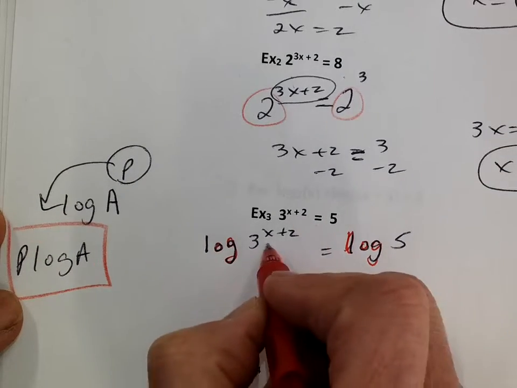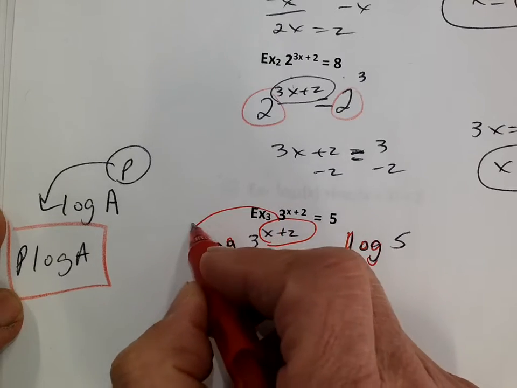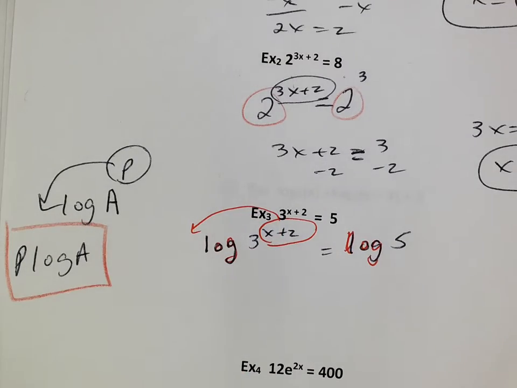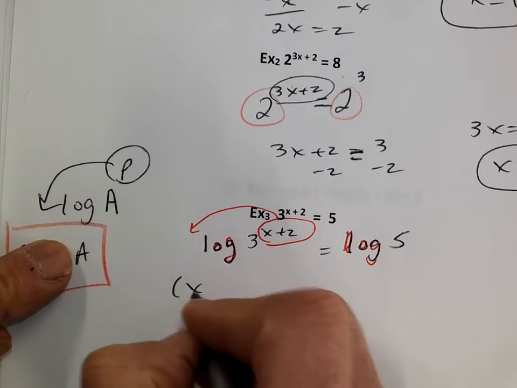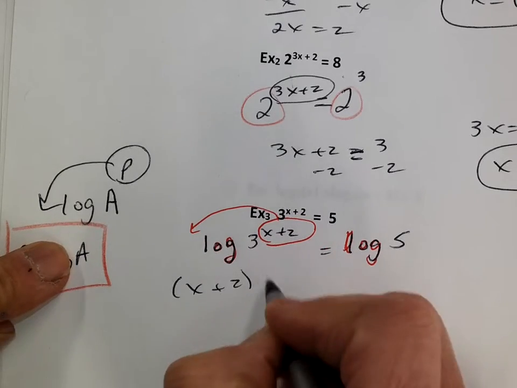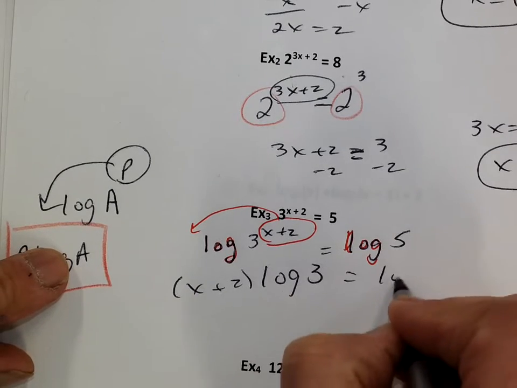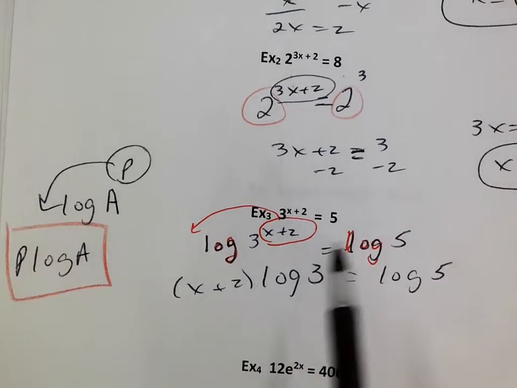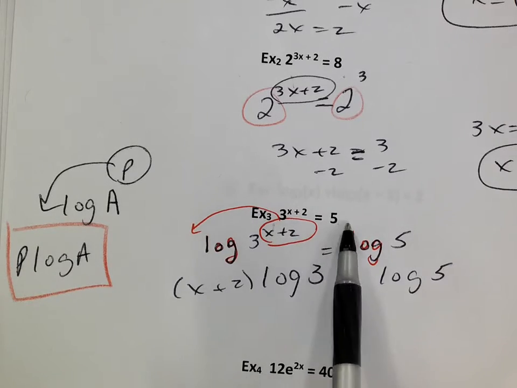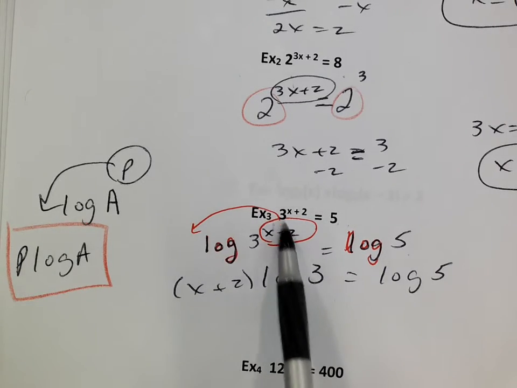The exponent will come down because you've got an exponent to an exponent, which means you multiply. So I'm left with x plus 2, because the exponent comes down, times the log of 3 equals the log of 5. So what did I do? I took the log of both sides to start off with, which brings the exponent down.